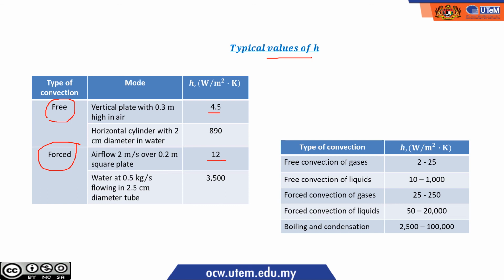So this one is free convection in gas and liquid. These are the usual values, but for forced convection the value will be bigger. And for boiling and condensation, h will be much larger, bigger than both forced convection and free convection. Okay, that's all.